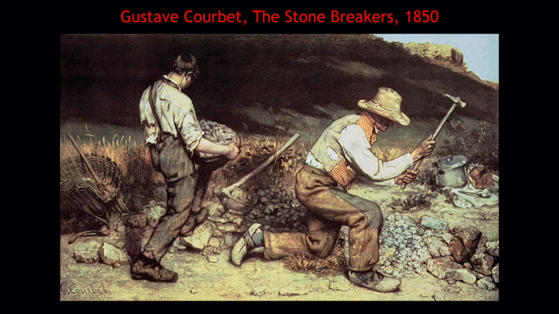But Courbet was interested in showing the unvarnished truth. He was especially interested in showing social injustice and pointing out how hard peasants had to work. And this fit in with his radical politics, a kind of communist belief system.